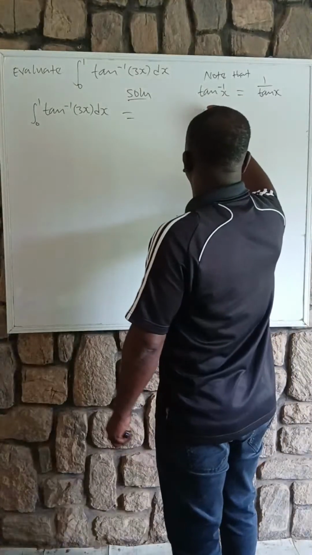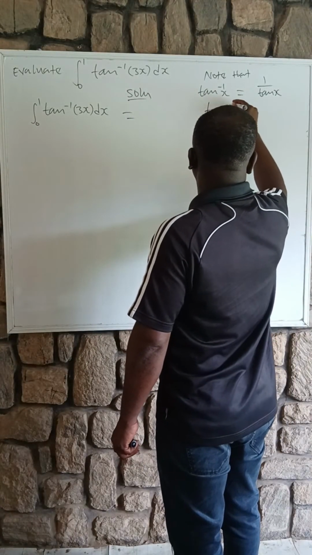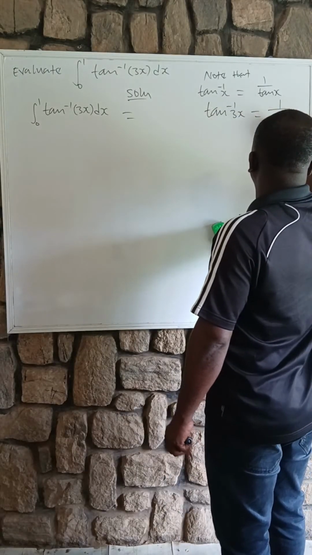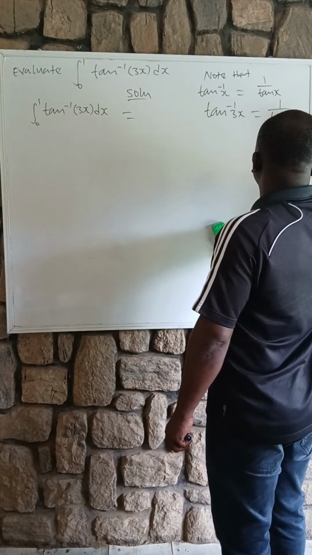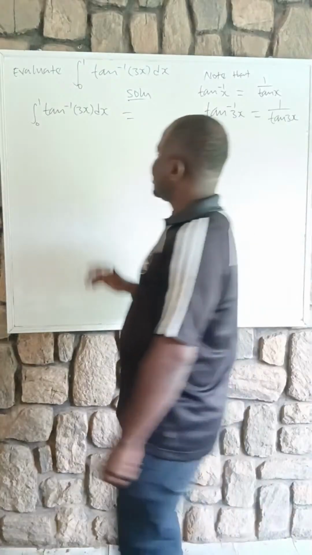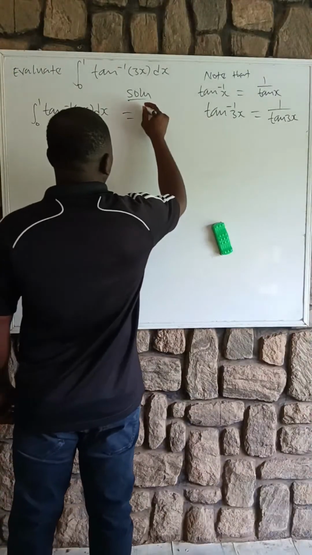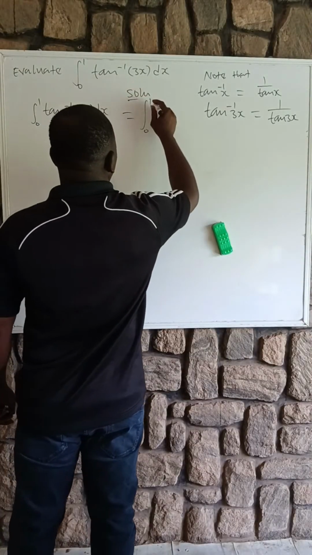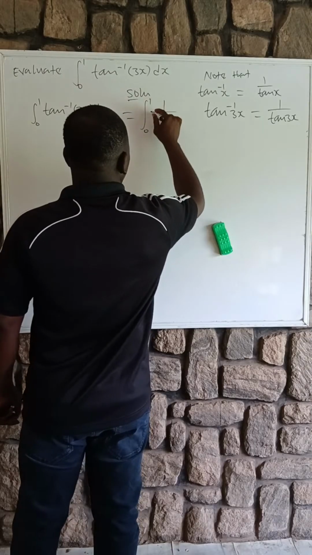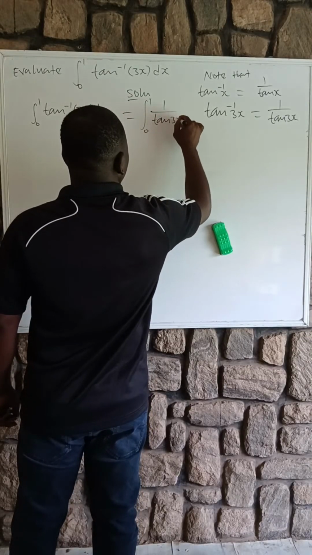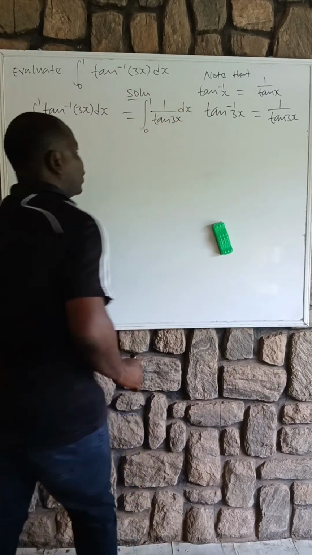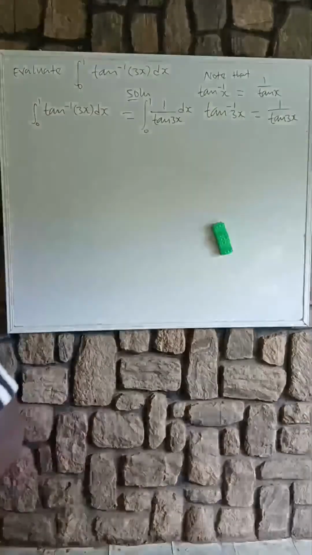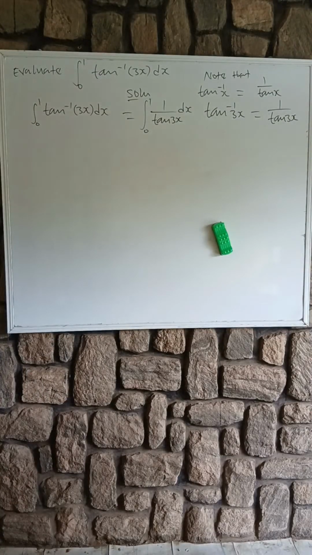So what if we now have tan inverse of 3x? It means this is the same as 1 over tan 3x. If you agree with me, it means we can transform this integral into this form: integral from 0 to 1 of 1 over tan 3x dx. Did I commit any crime? No. True or false?